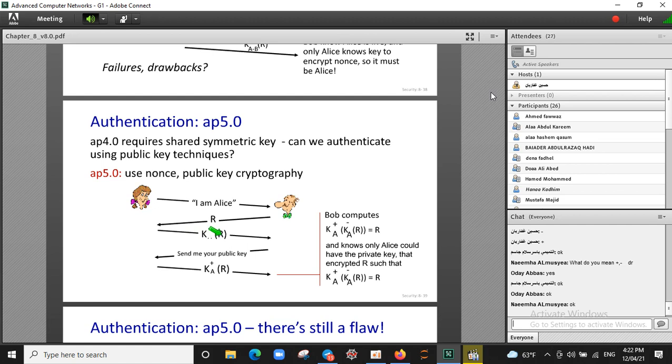But one question, okay, if I know Bob's message, so if I sniff Bob's message and the encrypted form sent by Alice, and even the public key of Alice, can I break this mechanism?